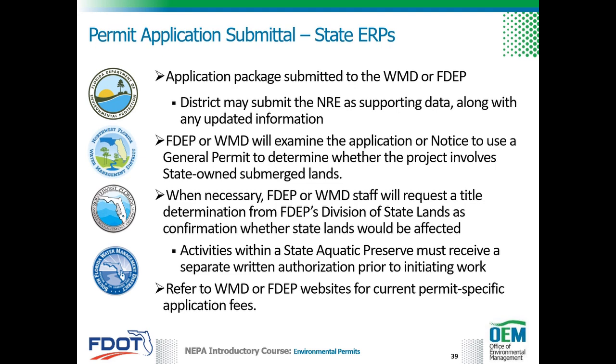When necessary, FDEP or Water Management District staff will request a title determination from FDEP's Division of State Lands as confirmation on whether state lands would be affected. Activities within a state aquatic preserve must receive a separate written authorization prior to initiating work. Refer to the Water Management District or FDEP websites for current permit-specific application fees.